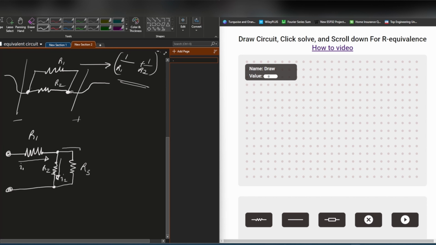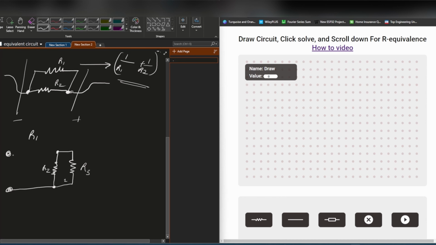The reason being is that current would also need to pass through here for this resistor to actually get some current as well, because this would dissipate power, and power requires current and voltage, or current and resistance. So with that, we will not go there.